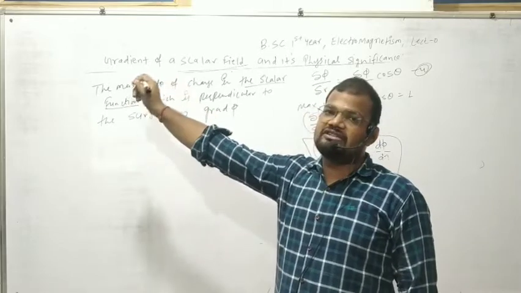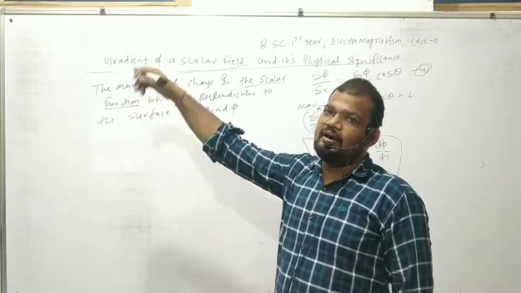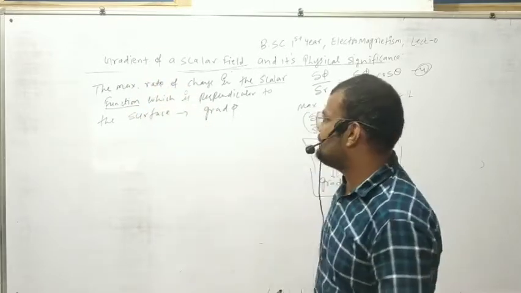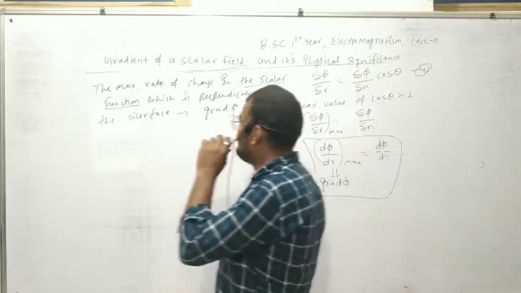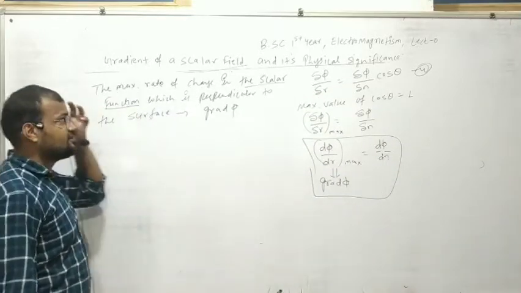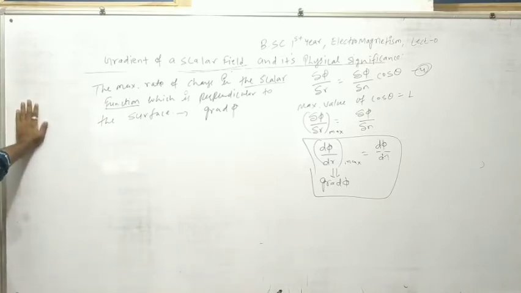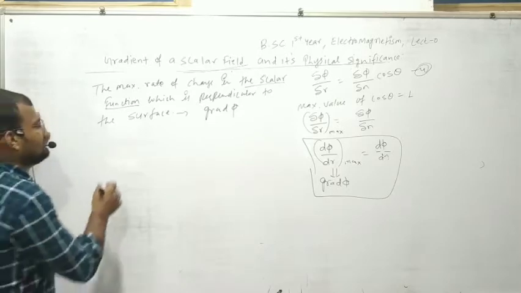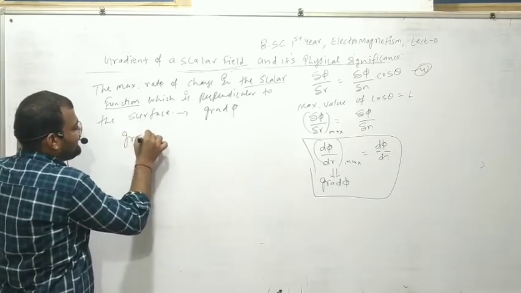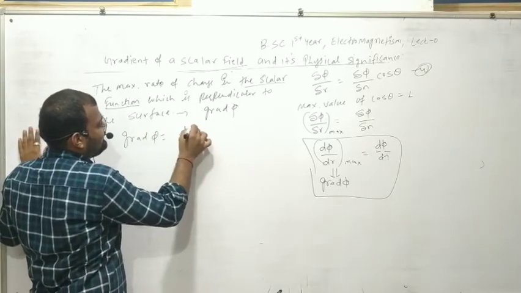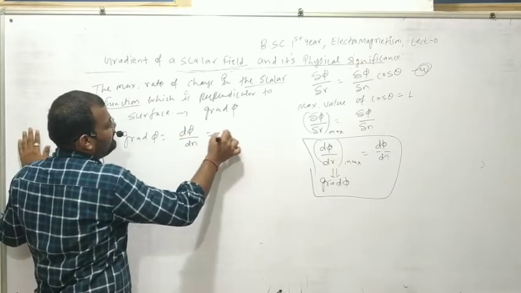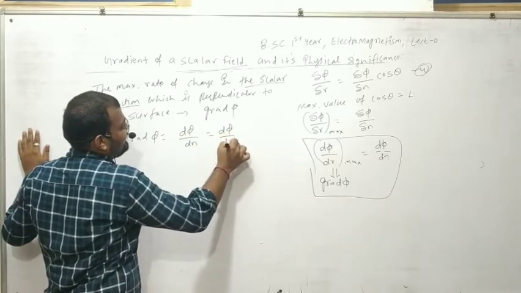Then we will call that change the gradient. The maximum rate of change in the perpendicular direction of the scalar function to the surface is called the gradient phi. So the gradient phi will be d phi over dn or d phi over dr maximum.